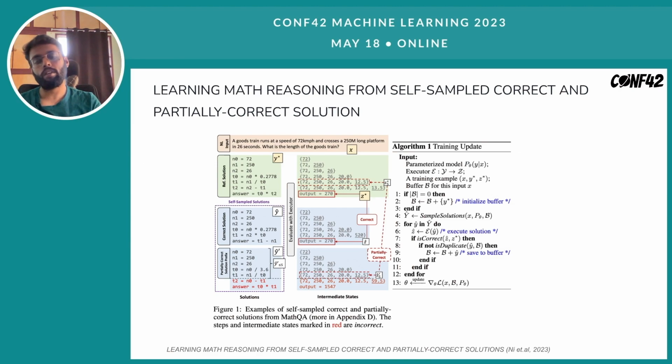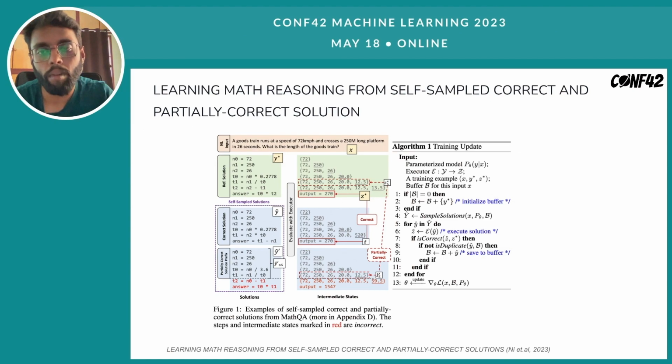So they not only use the fully correct solutions, they also introduced a methodology to utilize partially correct solutions. The way they do partially correct solutions is they have a gold solution where they have outputs for individual steps, as we see here, and then similarly we have a generated solution with individual outputs from each of these steps.